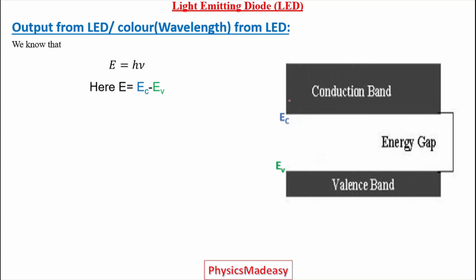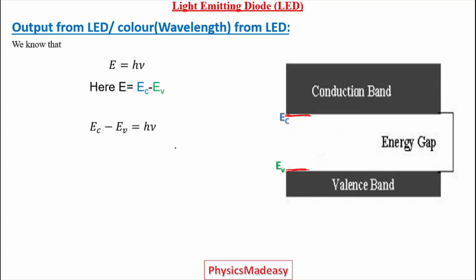Now, the photons are released, but what is the wavelength of those photons? Or what is the color of that LED? We know the basic equation E is equal to h nu. Here, in this semiconductor or LED, E refers to the energy gap. In simple, that is Ec and Ev, the difference between the lowest energy of the conduction band and the highest energy of the valence band.